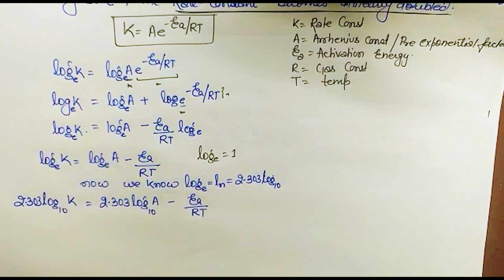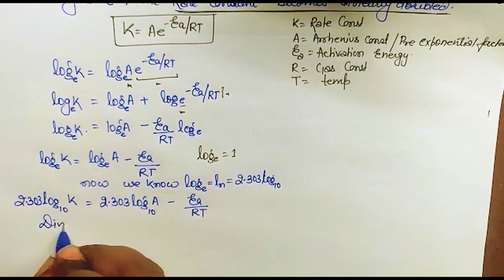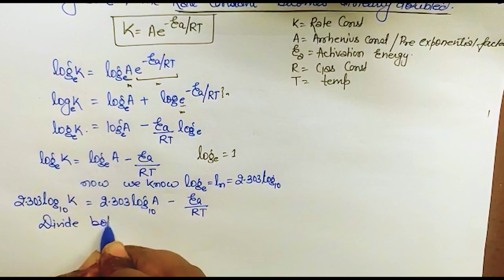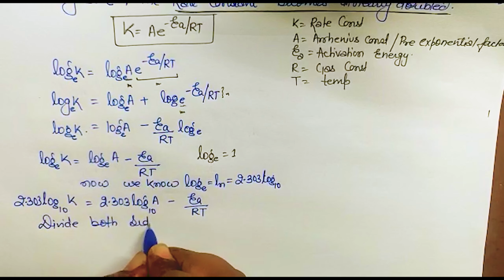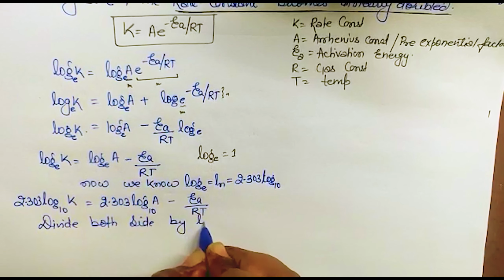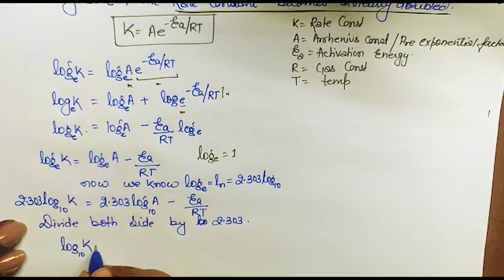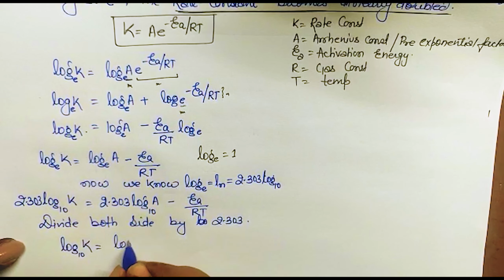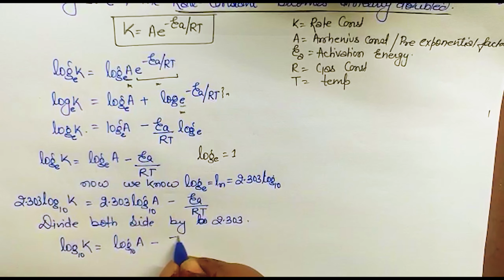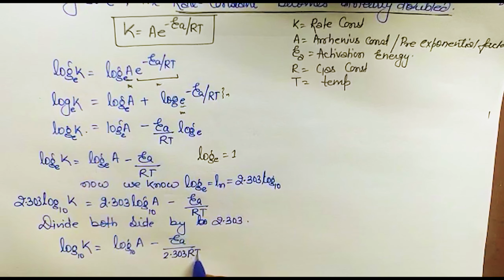Yes. Now divide both sides by 2.303. Okay, so what you will get: log to the base 10 K is equal to log to the base 10 A minus EA upon 2.303 RT, isn't it?